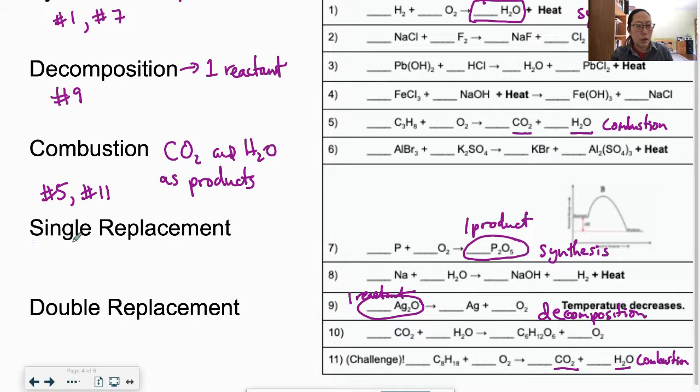So the next type is called single replacement. To have a single replacement, what we need is a single element replacing another element, and this element would be in a compound.